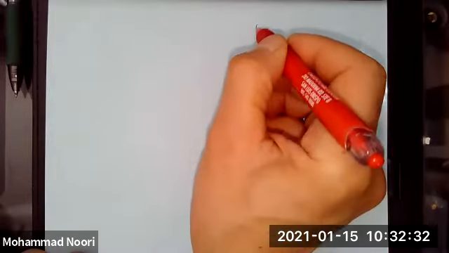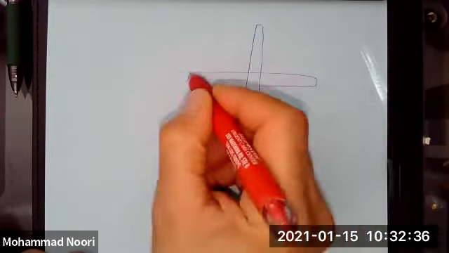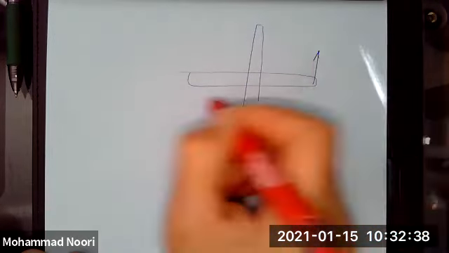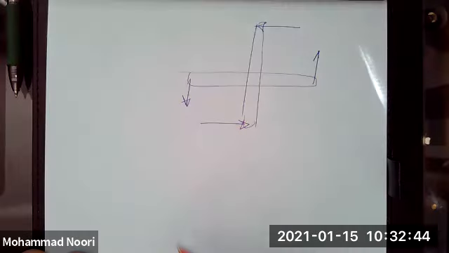In that example you just showed, wouldn't putting it in the other place generate a moment in the opposite direction? No, let me draw my famous tire wrench. This is the force, and I put them this way.